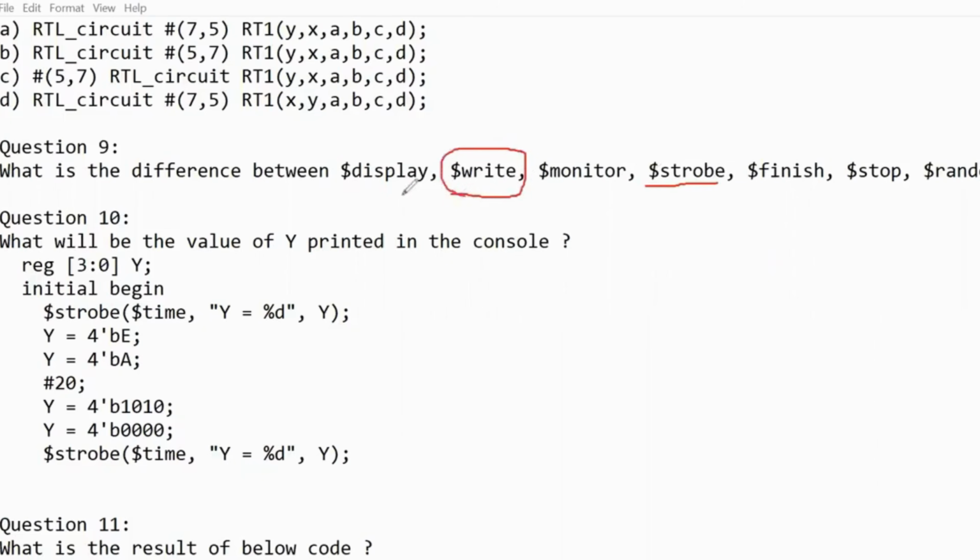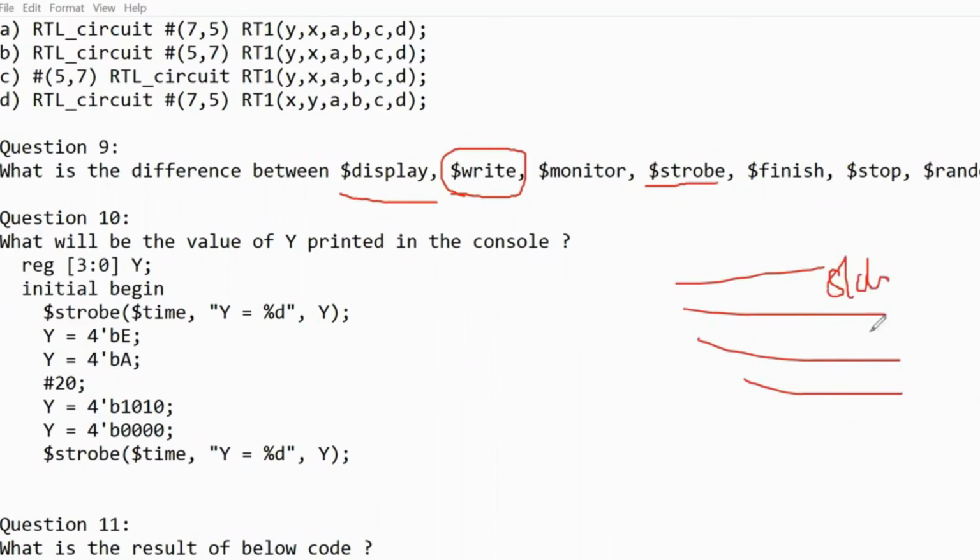$write is nothing but the same as $display. But whenever we use $display, immediately it will go to the next line. Whenever we use $write, it doesn't go to the next line. Suppose here 4 statements are there. I'm using 4 display statements: display 1, display 2, display 3, display 4. All these 4 statements will be printed in 4 lines.